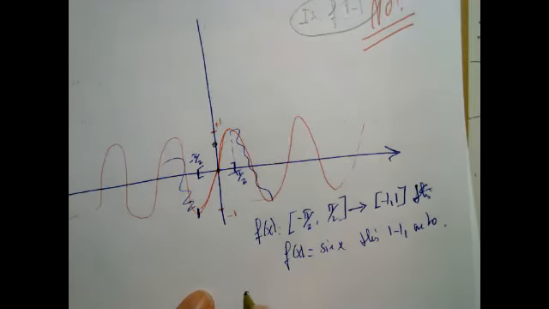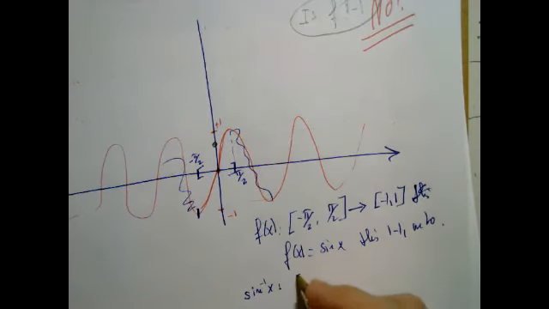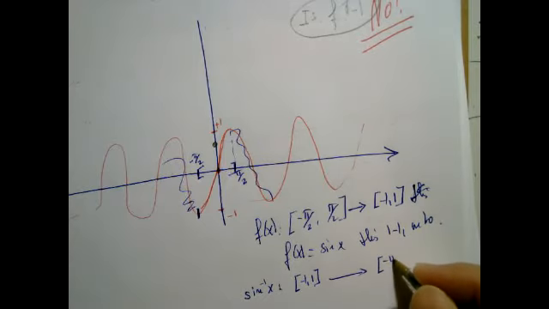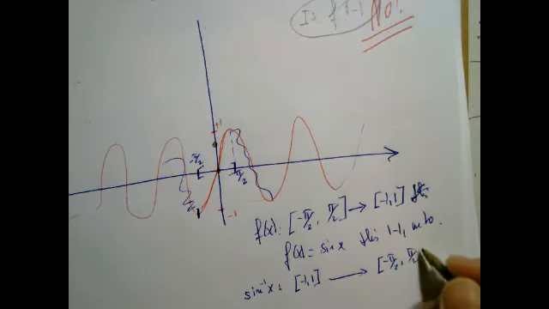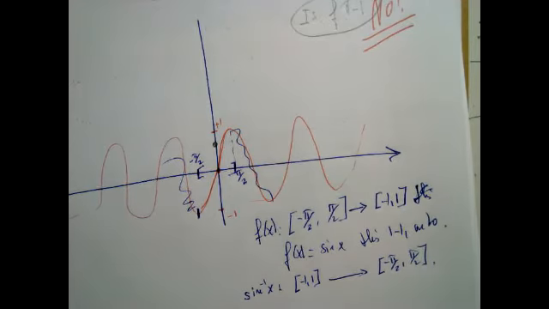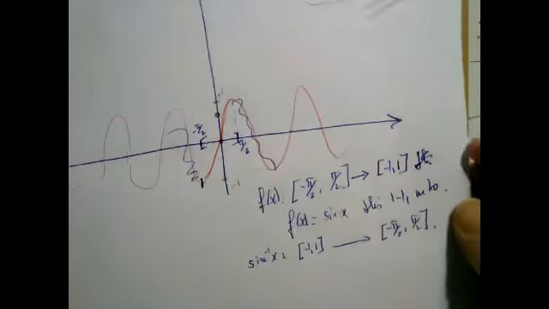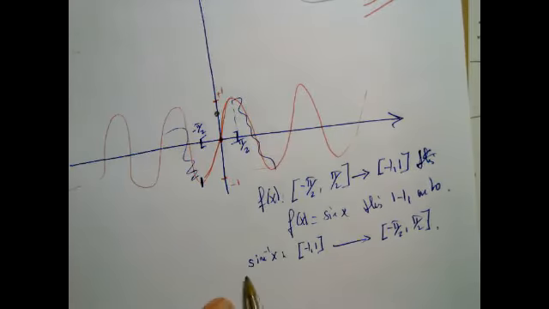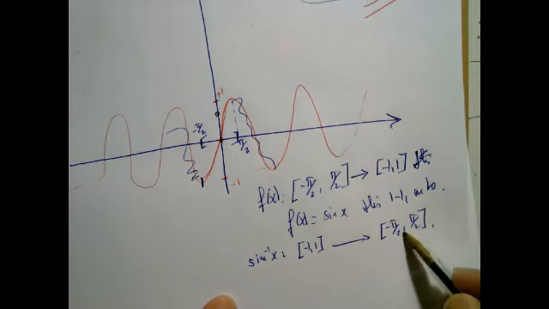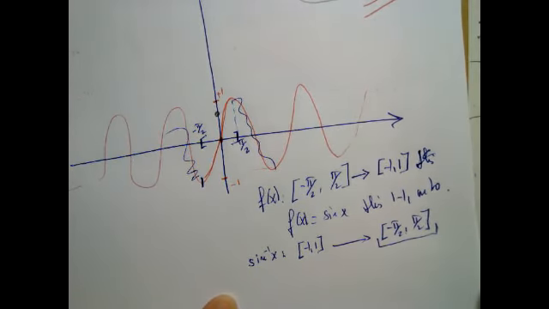So the sine inverse of x actually becomes a function from minus 1, 1 all the way to minus pi over 2, pi over 2. So the sine inverse is a function. That's why when we teach trig, we tell you the sine inverse is the angle between minus pi over 2, pi over 2, whose sine is x.